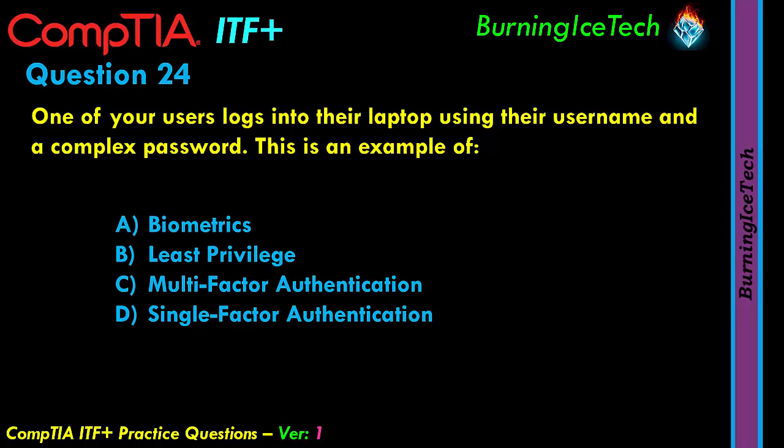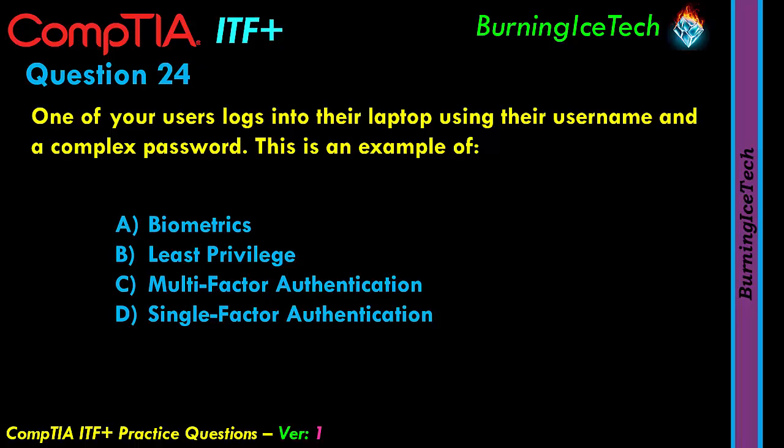This could be fingerprints, retina, voice recognition, face recognition. You'd remember earlier in this video we discussed the categories of authentication you get: something you know, something you have, and something you are. Biometrics is something that you are. If you look at the actual question, they said the person is using a username and a complex password. That would be something that you know.